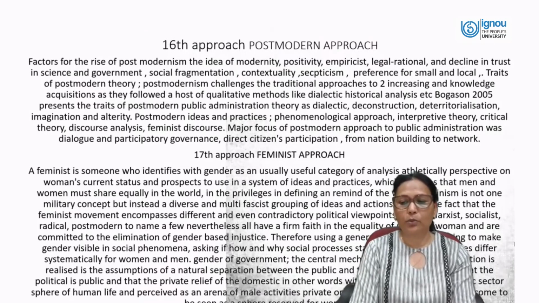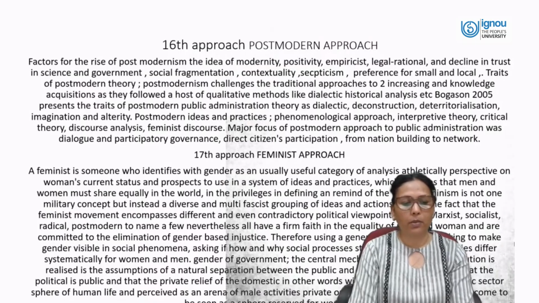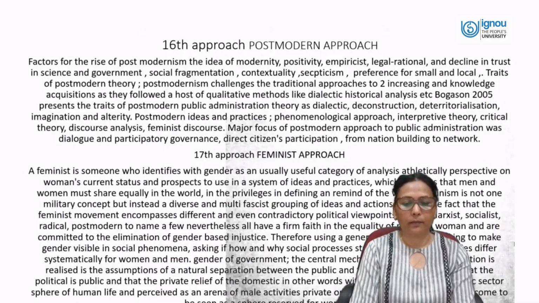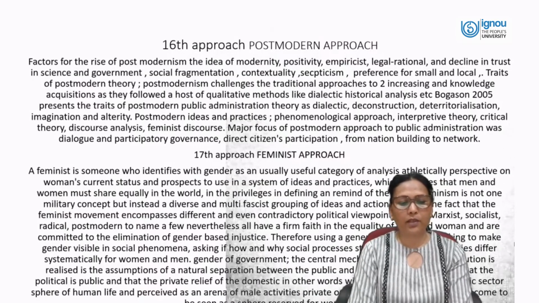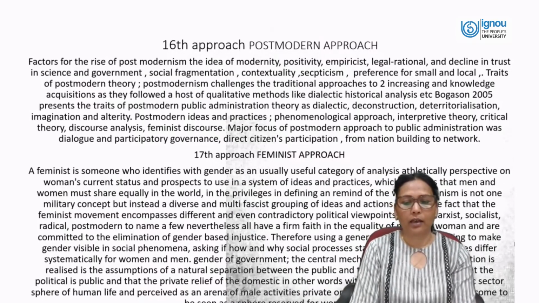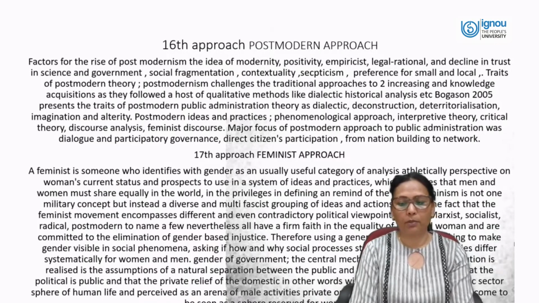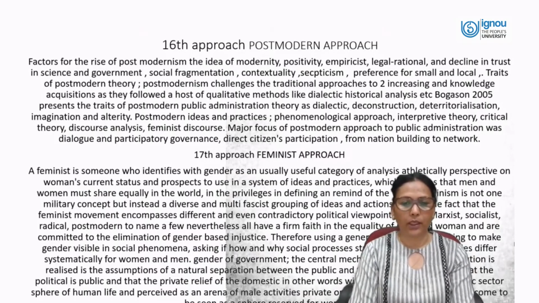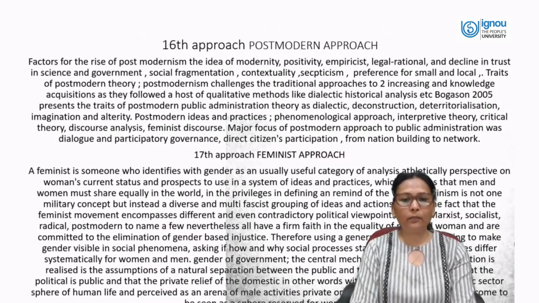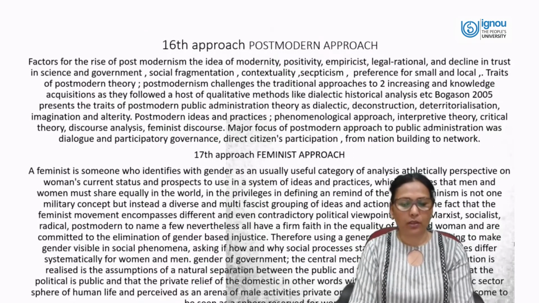It is assumed that the political is public and that the private is only the domestic. In other words, politics is restricted to the public sphere of human life and perceived as an arena of male activities, while the private or personal has come to be seen as the sphere reserved for women. That was the feminist approach, the last approach in this subject.